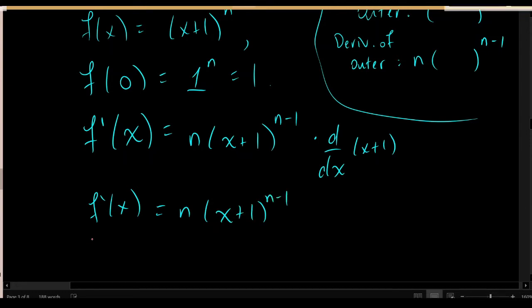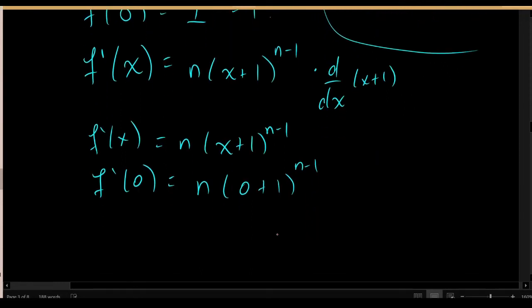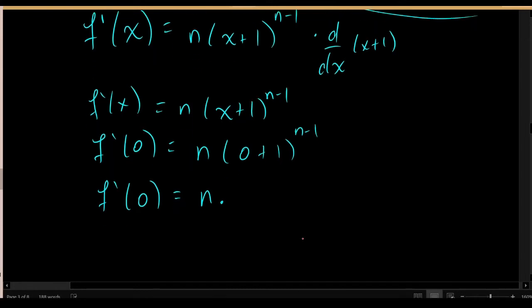So what happens if I plug 0 into this? Then I get n times 0 plus 1 to the power n minus 1. But again, when you raise 1 to any power, the result of that is 1. So f prime of 0 is equal to n times 1, which is just equal to n, whatever number that has to be.